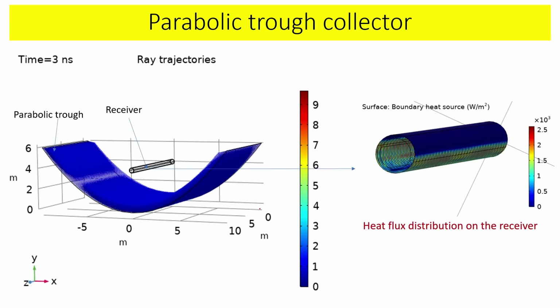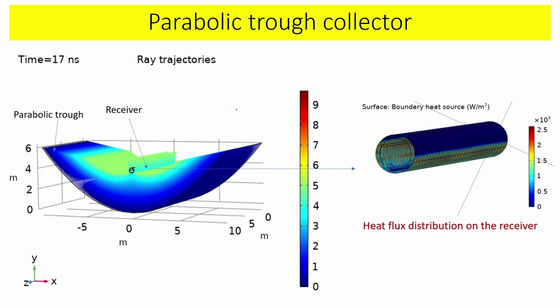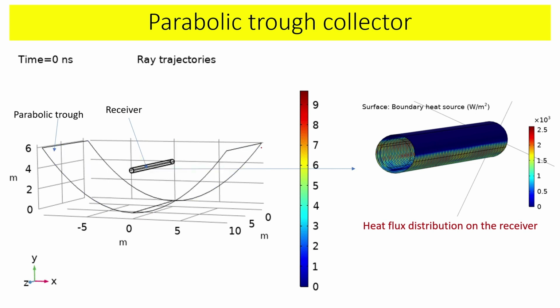Then this is one of the line concentrating types I discussed initially. There are two types of concentrating technologies: point concentrating and line concentrating. This is a line concentrating one, where there is a parabola, and this parabola has been extruded.